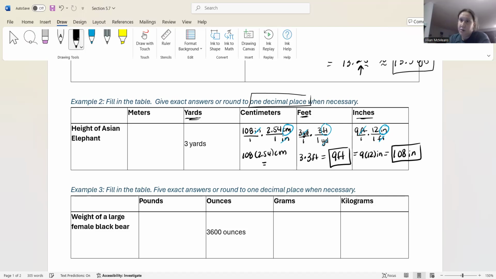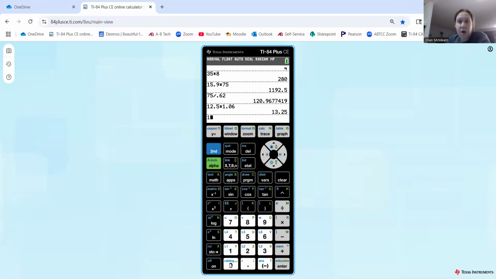Let's let the calculator do the side work for us. So we get 108 times 2.54, which tells me we have 274.32 centimeters.